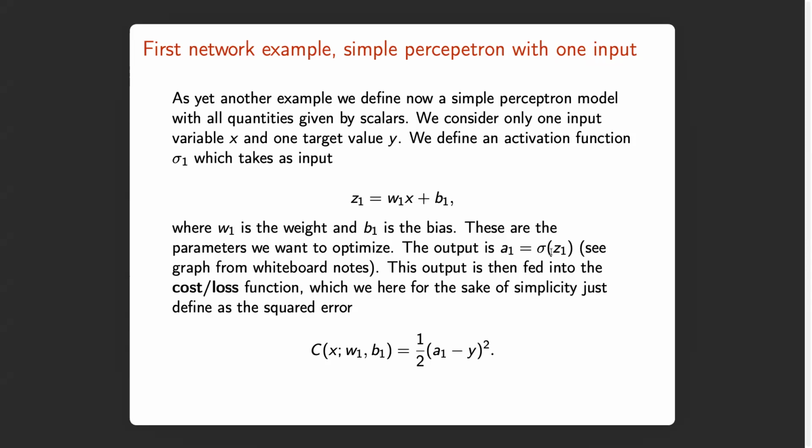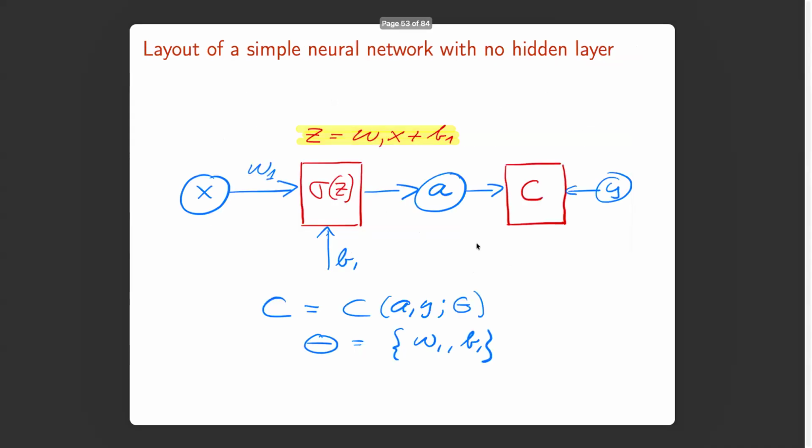It's not going to be modulated by anything. So it's a typical situation when you deal with a regression case that the output layer doesn't have an activation function. Now, for this simple model, we looked at the mean squared error. The A1 is the output of the model, and the graphical representation is the one you see here.